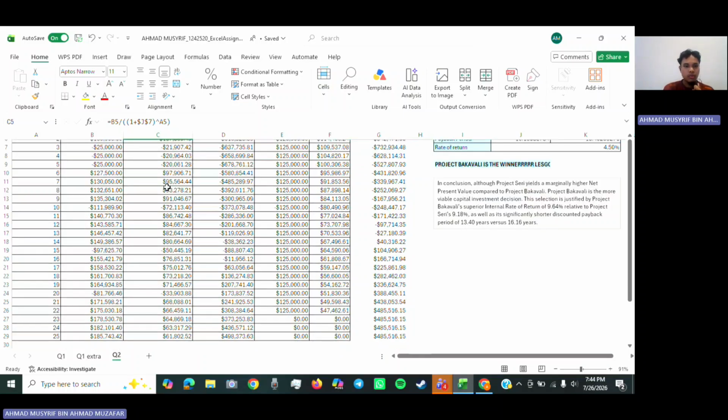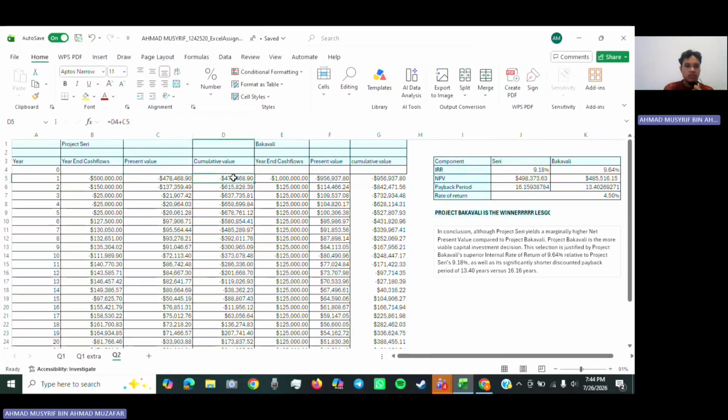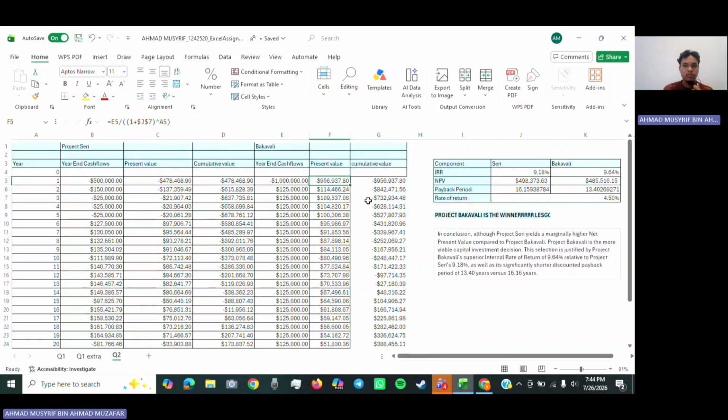So we get this value. For the cumulative value, we just add the previous cumulative value plus the present value, so we get this value. The same goes for the Bakavali project, we use the same formula and we get this value.